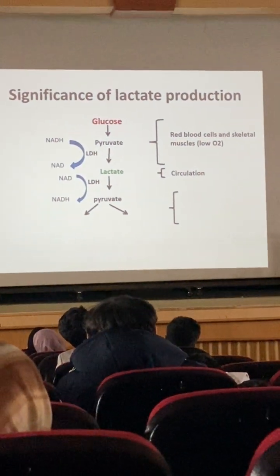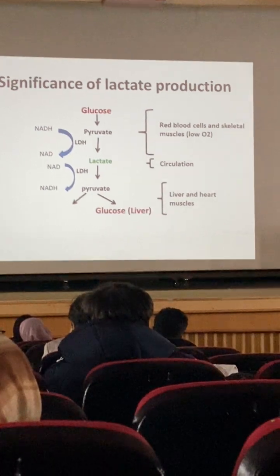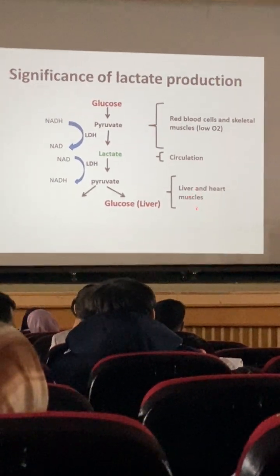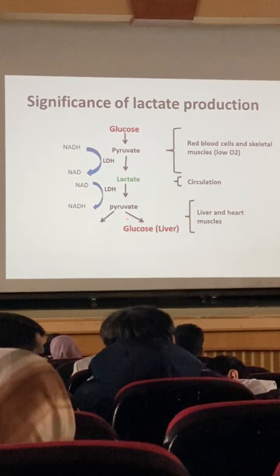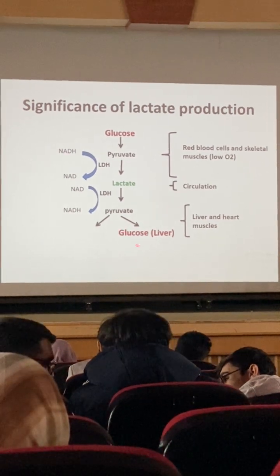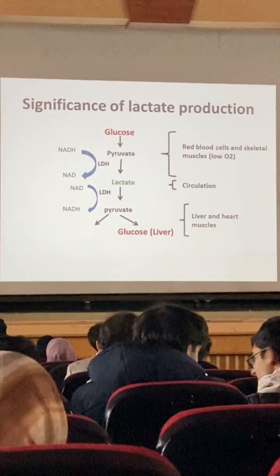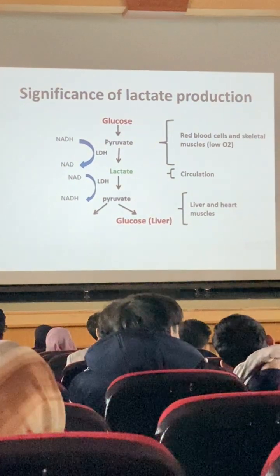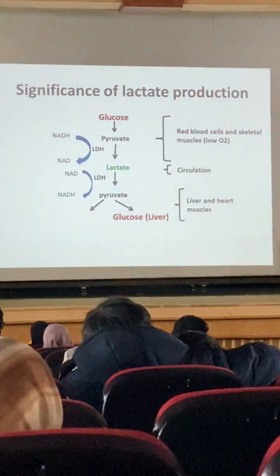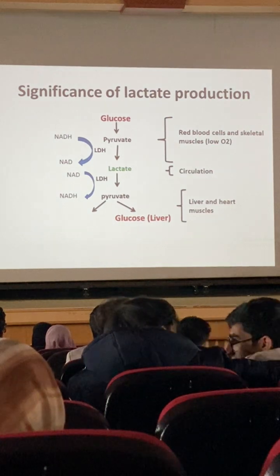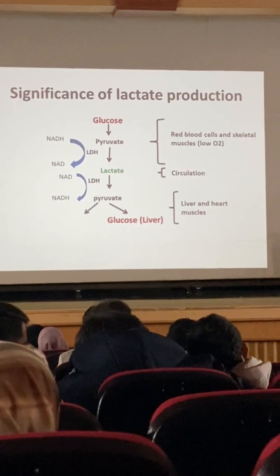Pyruvate, especially in the liver and heart muscles, will generate glucose in a pathway called gluconeogenesis. This is the reverse of glycolysis, pyruvate to glucose.